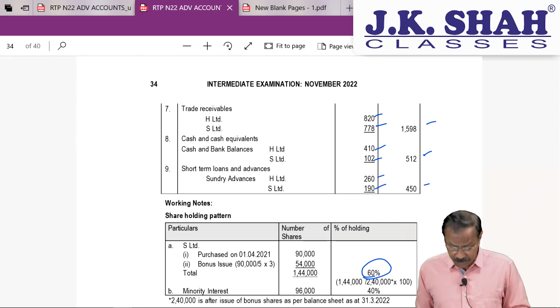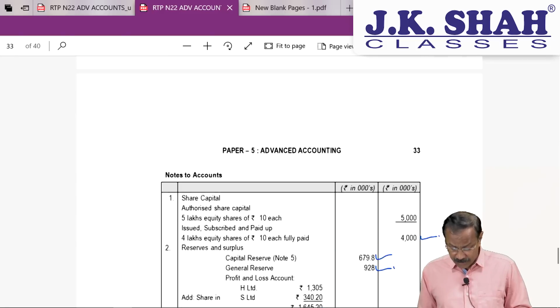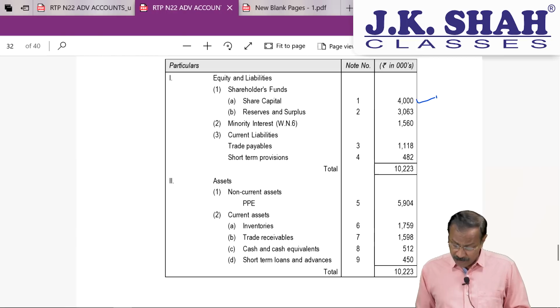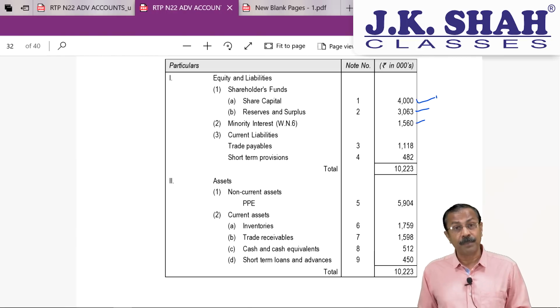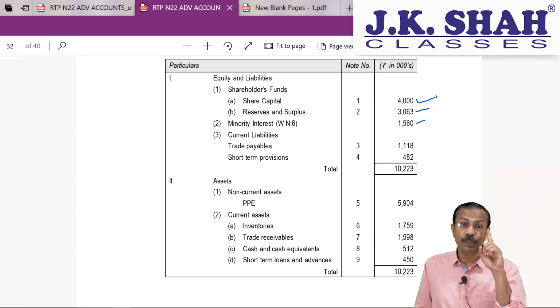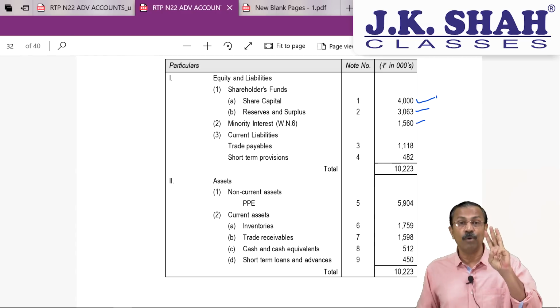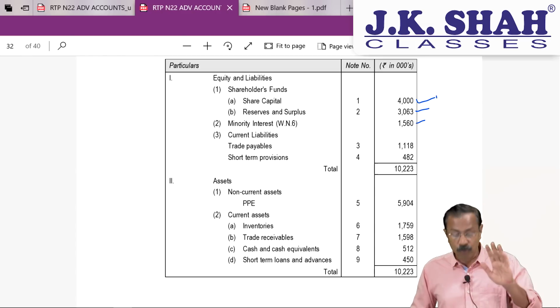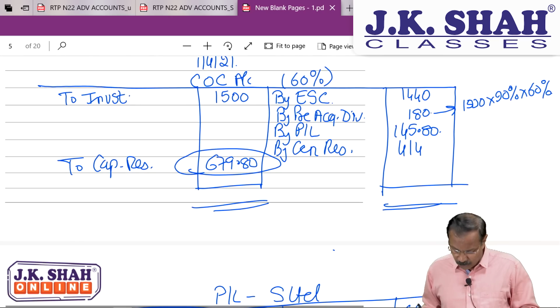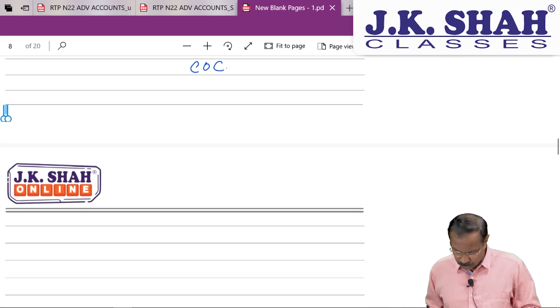All those figures will remain the same. So you have the share capital, reserves and surplus. MI, you're going to prepare a note in which you will have share capital plus share in P&L plus share in general reserve only, remember. No more adjustments.